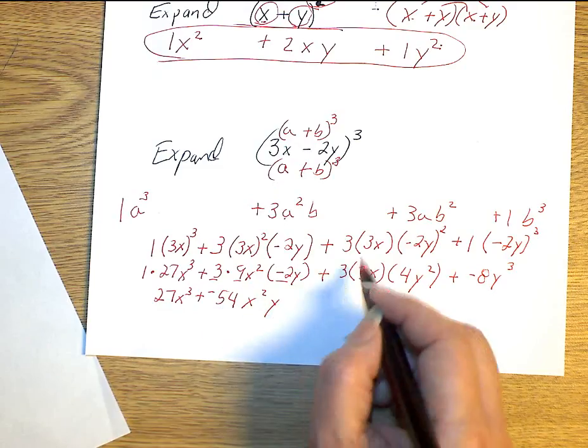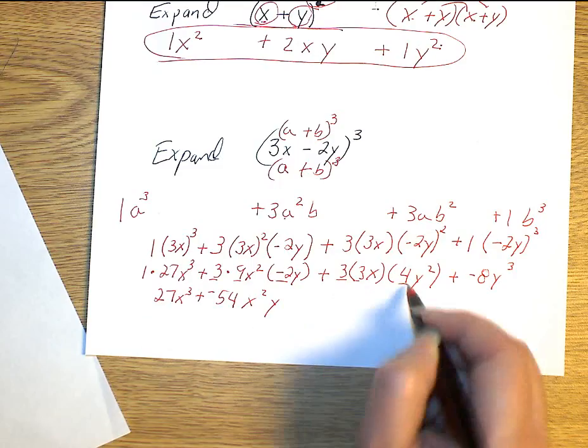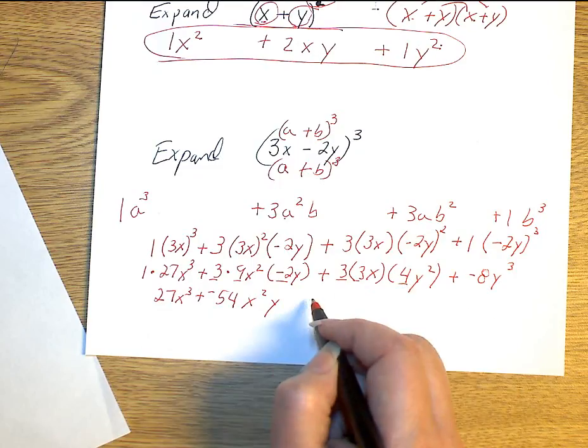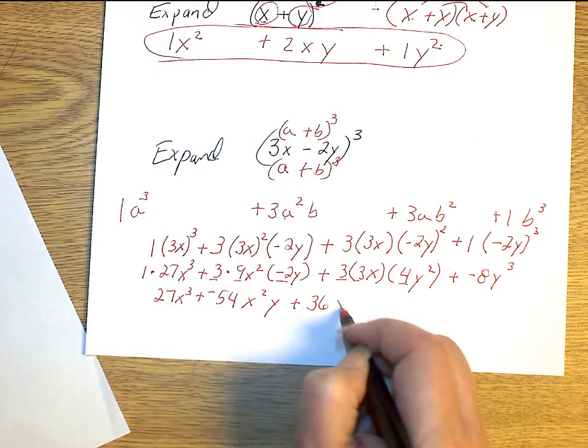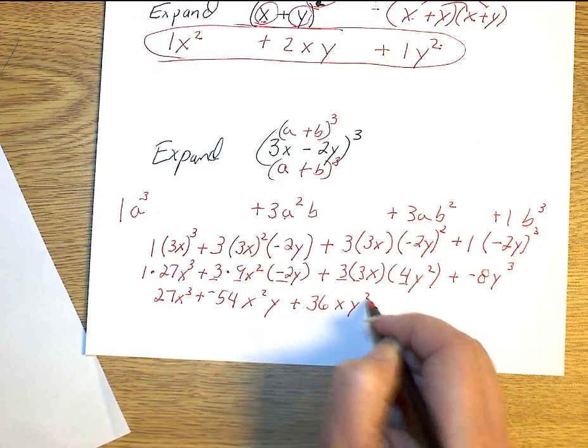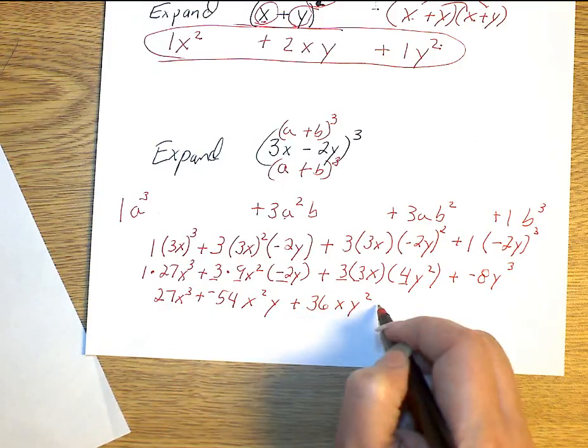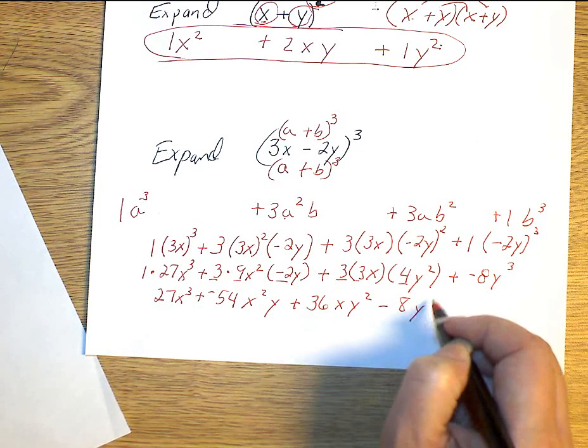Then we have 3 times 3 times 4, 36xy squared, minus 8y cubed.